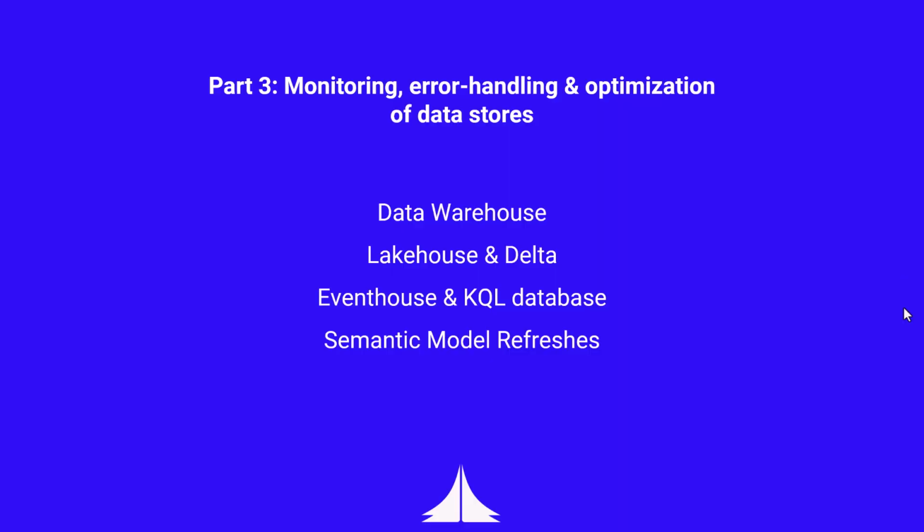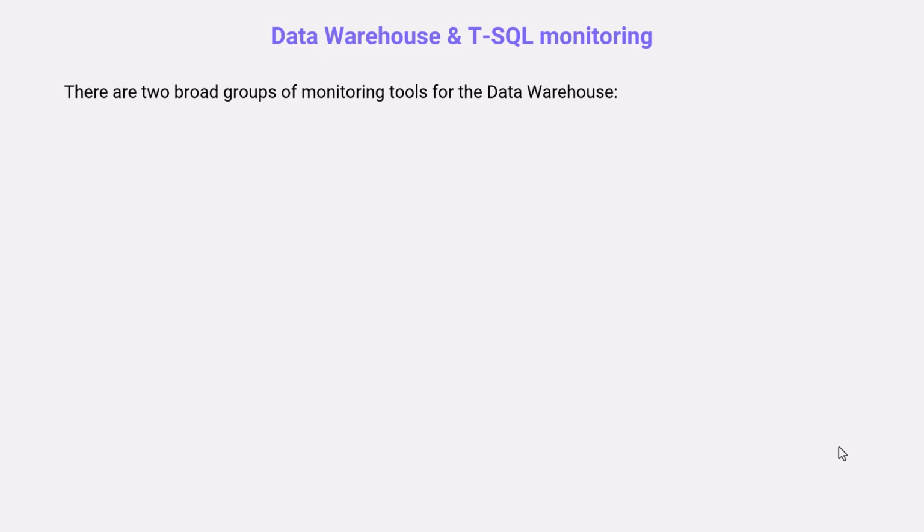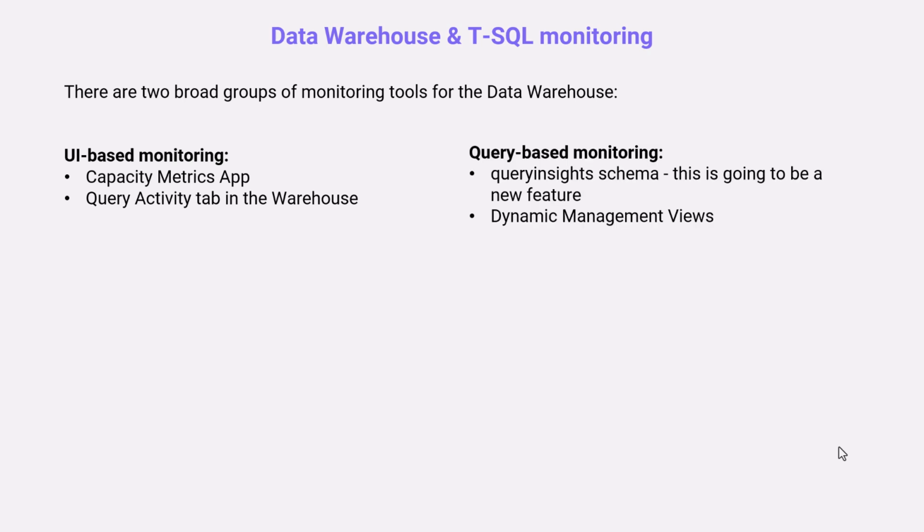All right, so let's move into part 3, which is monitoring and optimization of data stores in Microsoft Fabric. Let's start off with the data warehouse. For the data warehouse, there's 2 broad groups of monitoring tools. There's what I would call the UI-based tools. For those, we obviously have the capacity metrics app, and we have the query activity tab in the warehouse. Now, the second group of monitoring tools is the query-based monitoring.